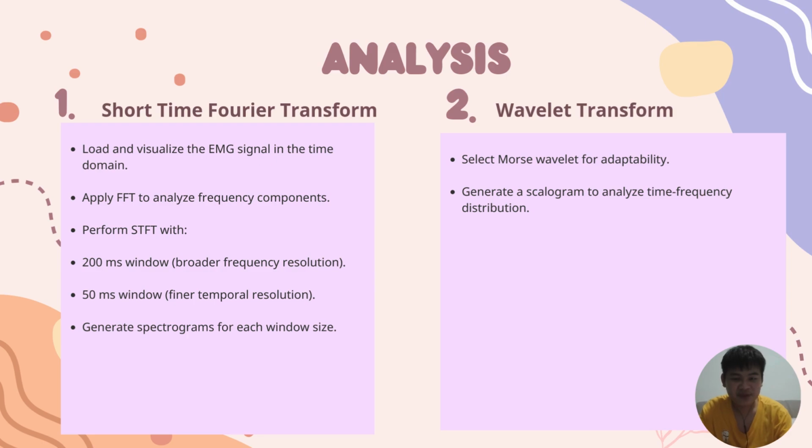Based on the result given for the STFT, a 200 millisecond and 50 millisecond window with 50% overlap was selected to balance time and frequency resolution, while for the wavelet transform, the Morse wavelet was chosen to capture both high-frequency bursts and low-frequency trends.